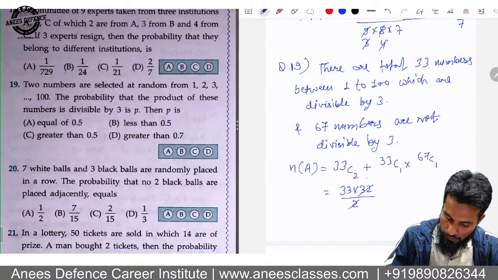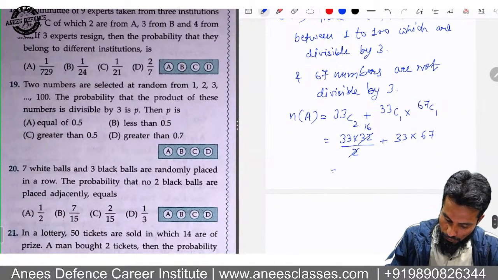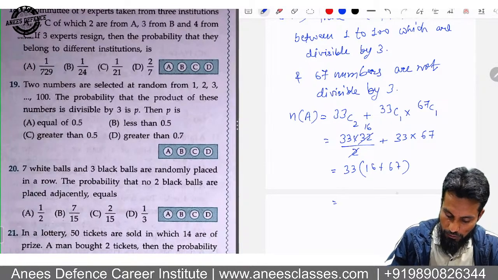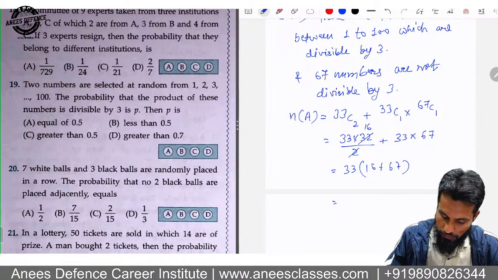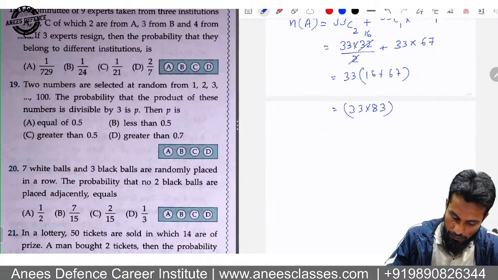With this 2 you can cancel 32, giving 16, and here you will be getting 33 multiplied with 67. Take 33 common: 16 plus 67. 16 plus 67 is how much? 83. 33 multiplied with 83. Yes, this is the event numbers.